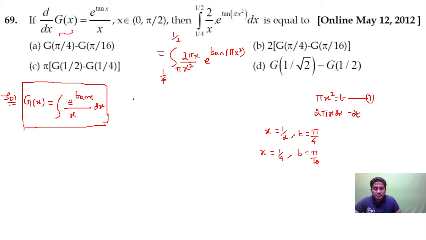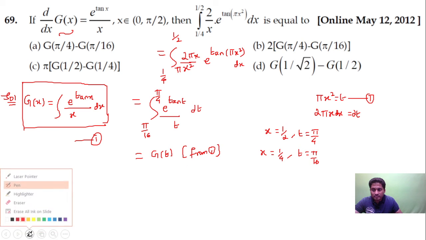So this becomes the integration from pi upon 16 to pi upon 4 of e to the power of tan t, and then dt divided by pi x square. I took this as t, so this is t. If I use equation 1 that is given in the question, this is g of t, isn't it, guys? This is from equation 1.